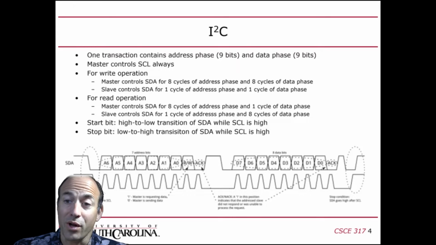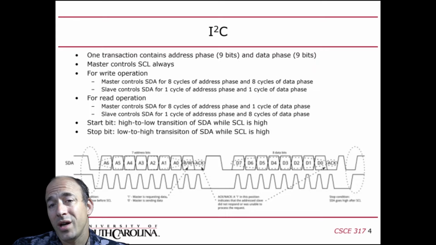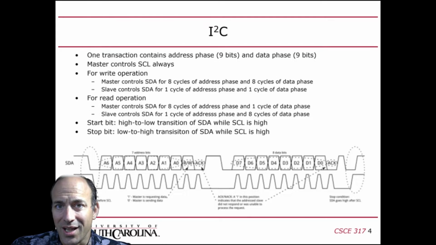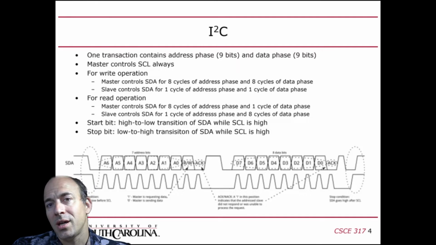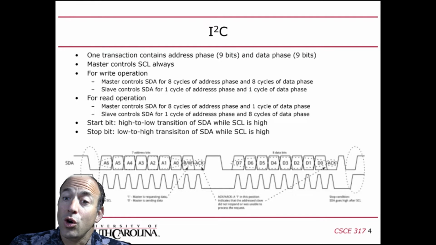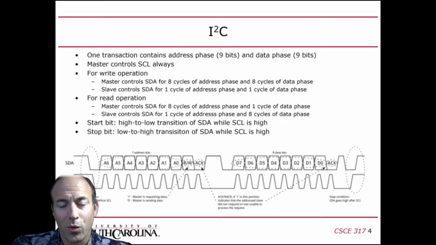So that's pretty straightforward. The tricky part, though, is that the data line, the SDA, will change control throughout the transaction. So during a transaction, the SDA will be output by one device and input into another, but the device that's outputting and the device that's inputting will flip a few times during the transaction.